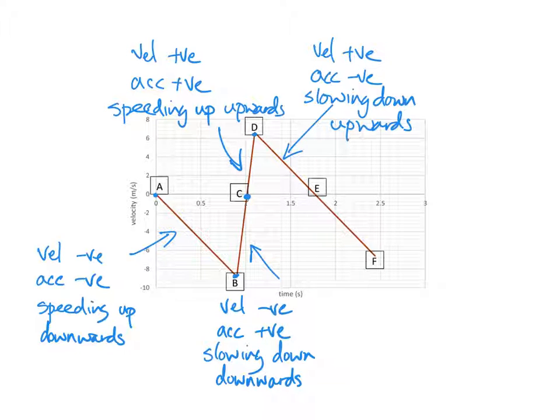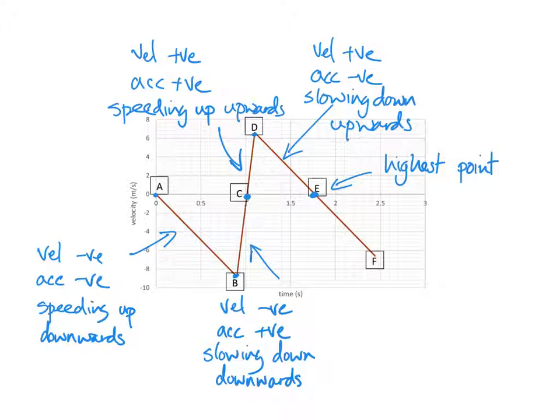It's slowing down and getting to zero. So point E is the highest point after the first bounce. So when the velocity changes from positive going up the way to negative going down the way. So its weight has slowed it down so much that it's now going to be moving back down the way.